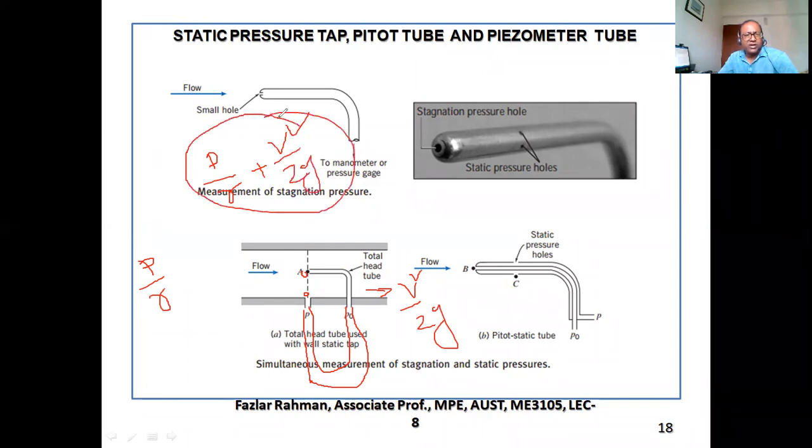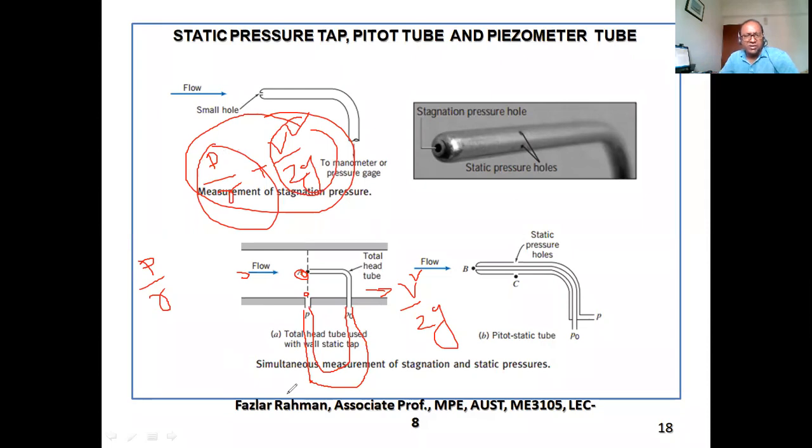With these two energies, the fluid is coming from this point to this point. When it comes here, you are stopping the velocity. So this kinetic energy is converted into pressure energy, and this converted pressure energy and the P by gamma get together and increase the pressure.